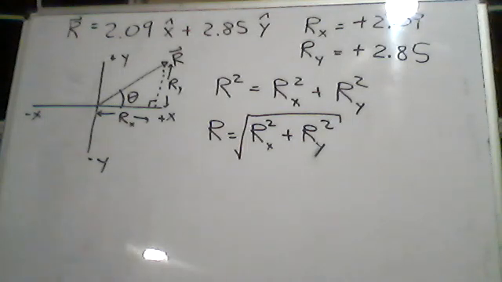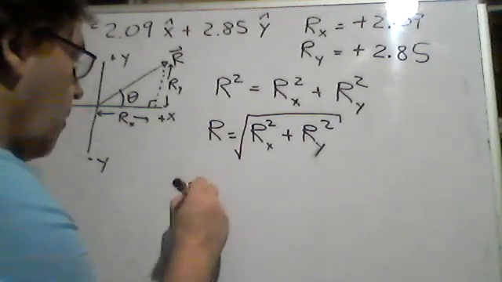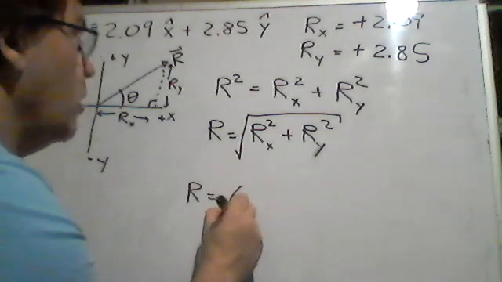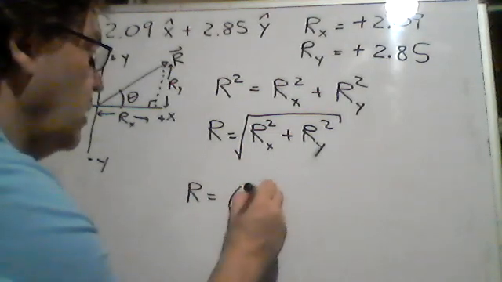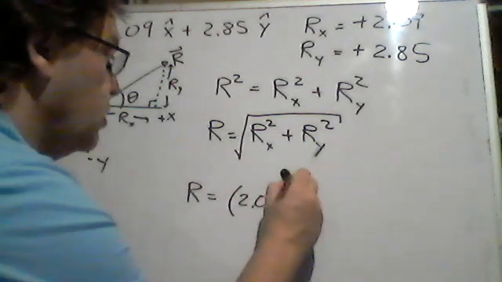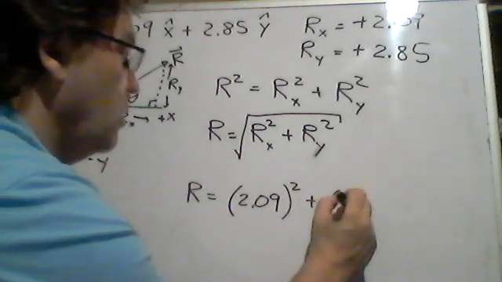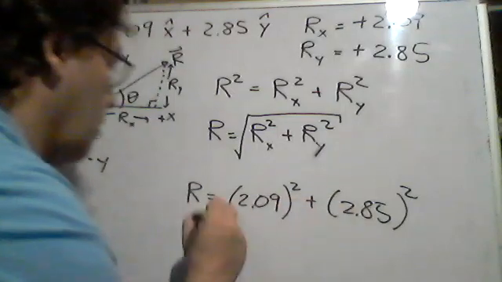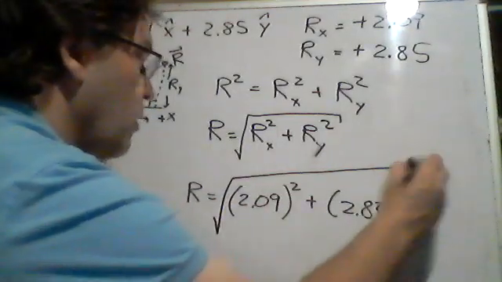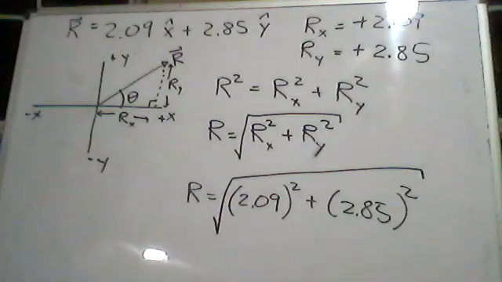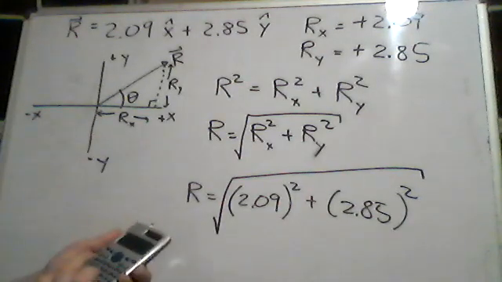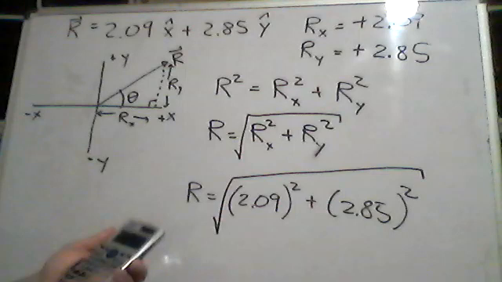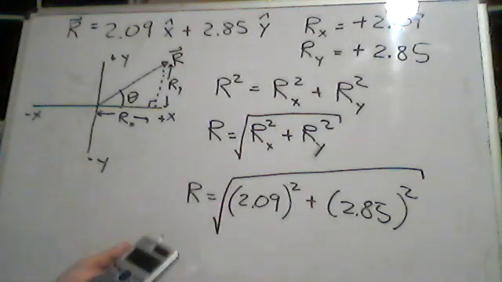And I can plug the numbers in. R is the square root of 2.09 squared plus 2.85 squared. So how do I figure this out? Well, I take 2.09 squared. That gives me basically 4.3681.